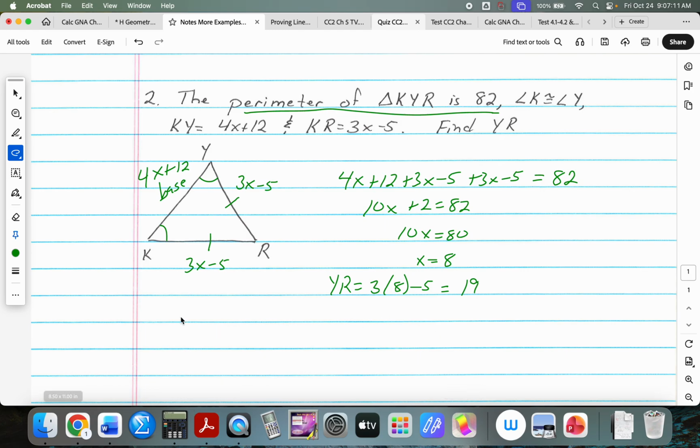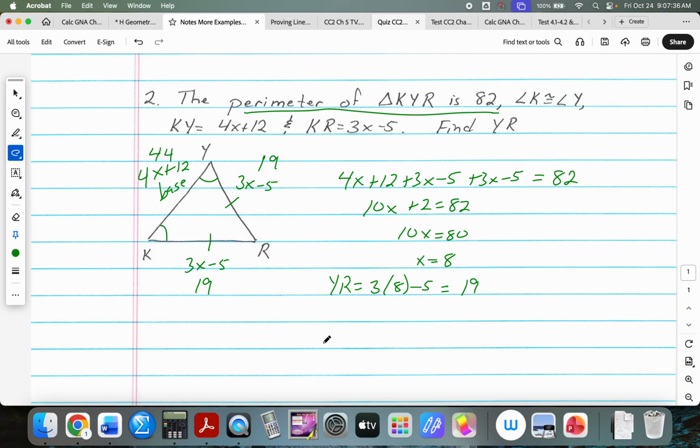The problem is this. If YR is 19, KR is also 19, right? And then this is going to be, let's see, 32 plus 12 is 44.